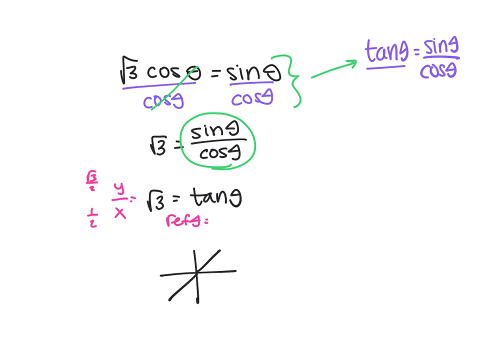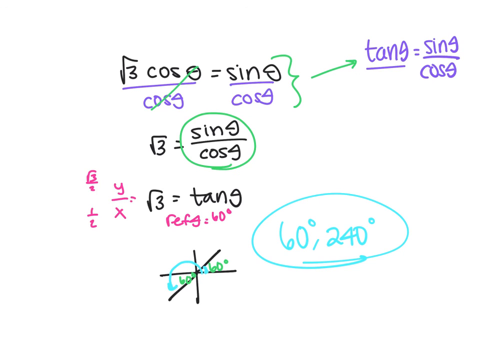If you aren't sure, you just have to guess and check with the root 3 over 2's and the 1/2's. In those coordinates, y is root 3 over 2, up at 60 degrees. So that's our reference angle. Sub it into our picture. Our first answer is just that 60-degree angle. And then the second answer is 180 plus 60, which would be 240 degrees.